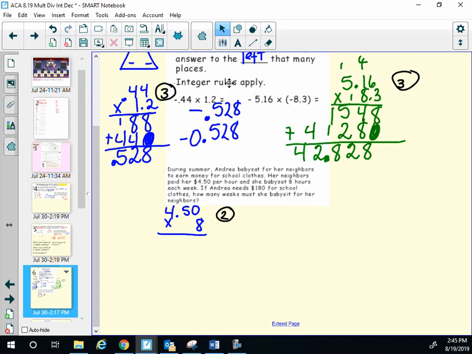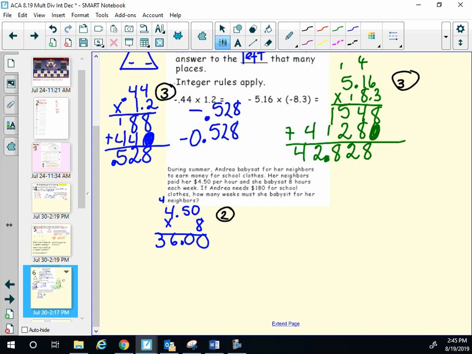And let's multiply. 8 times 0 is 0. 8 times 5? 40. Very good. I'm going to carry a 4. What's 8 times 4? 32 plus the 4 is 36. Are we done? No. This one's missing the decimal. We said 2 places, so it's right there.